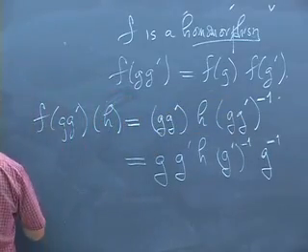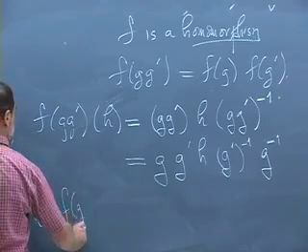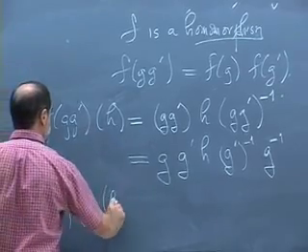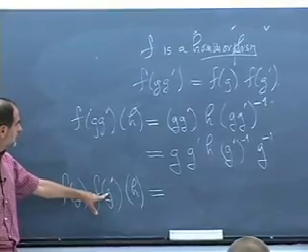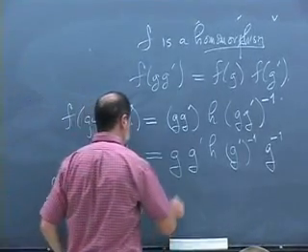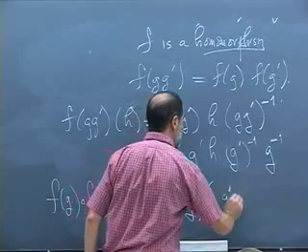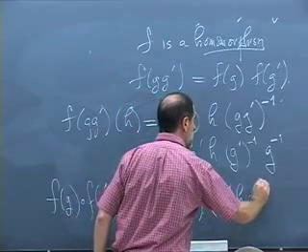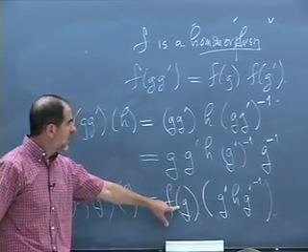On the other hand, how about if we take F of g composed with F of g' on h? First thing is conjugate by g'. So that would be F of g on the element g'hg'^-1, and this automorphism is conjugate by g.